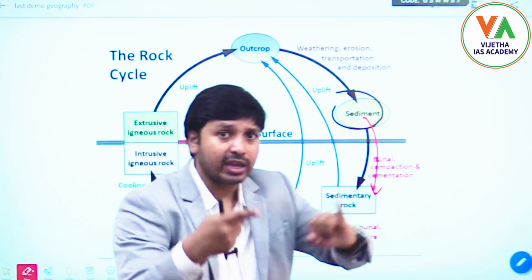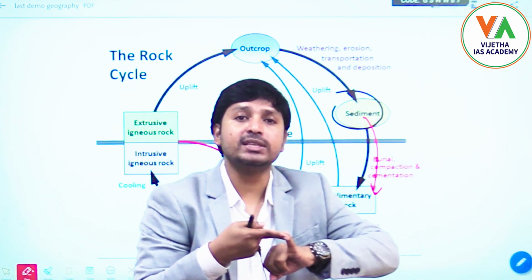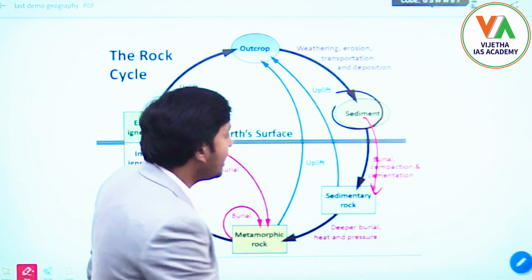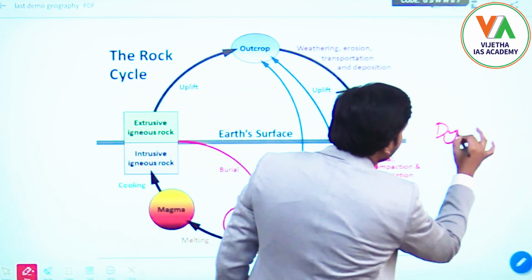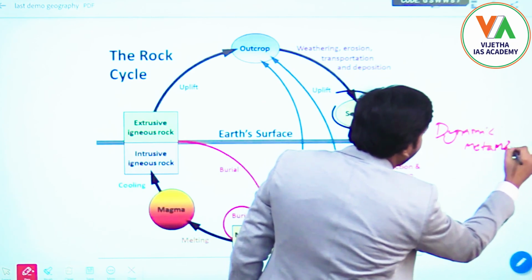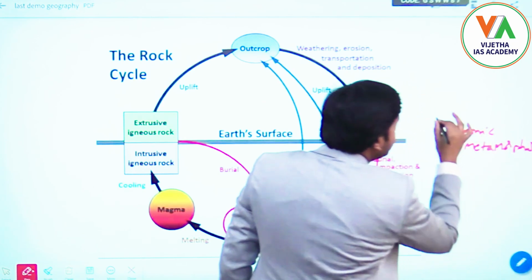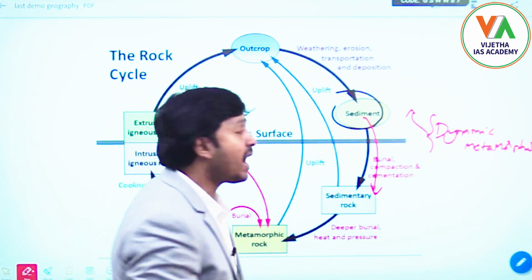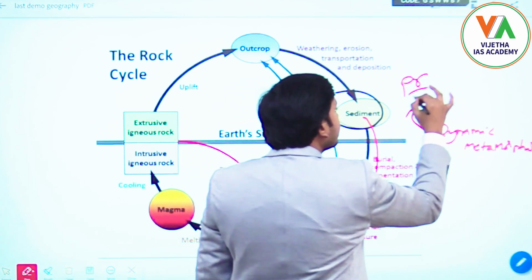But remember, if the rock system changes due to pressure, it is called dynamic metamorphism. So dynamic metamorphism means the changes in the rock system that are occurring due to change in pressure.